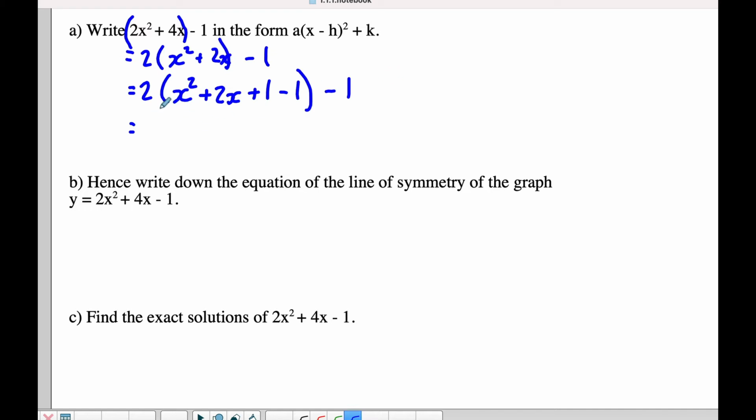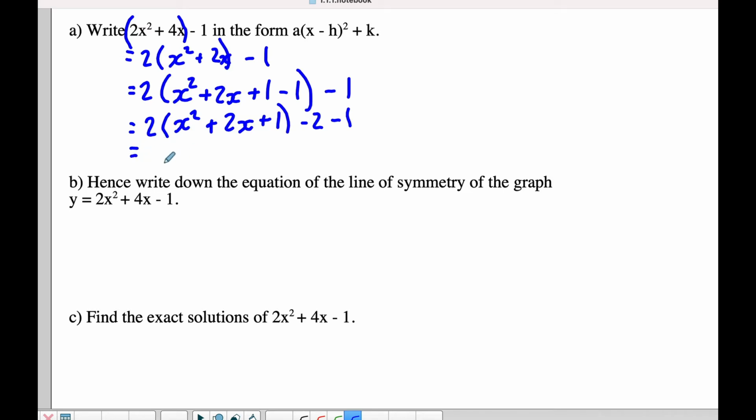And so when we do that, we have to distribute the 2 to the minus 1. And so we end up with 2 times x squared plus 2x plus 1. And then it would be 2 times negative 1 is negative 2, minus 1.